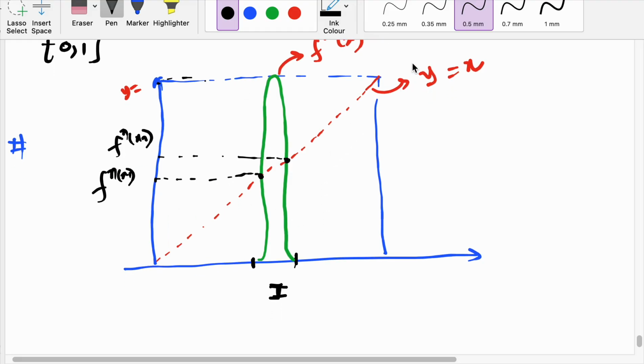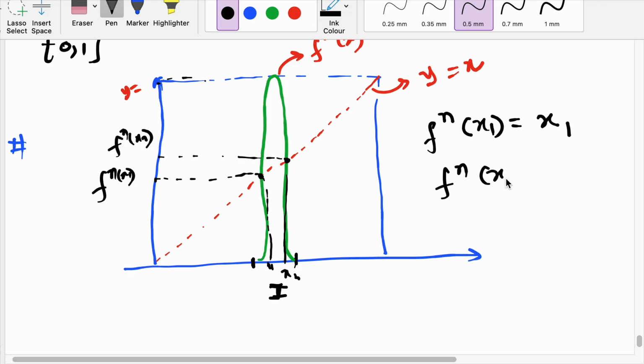And we know from this red line, since these two points are also part of the red line, that this is y, this means actually x, this is x1 and this is x2. So we know that f^n(x1) is equal to x1 and f^n(x2) is equal to x2.